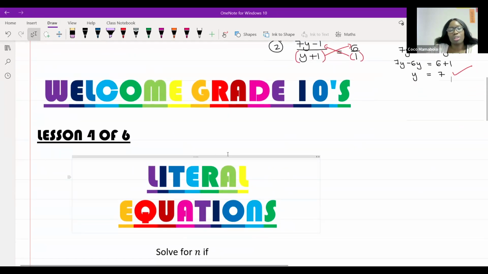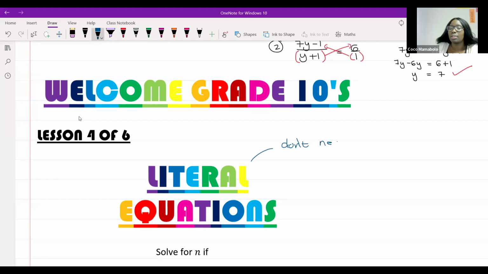Today, we're actually going to be looking at literal equations. Literal equations are equations where we don't necessarily have numbers. Sometimes we do have numbers, but not all the time, right?